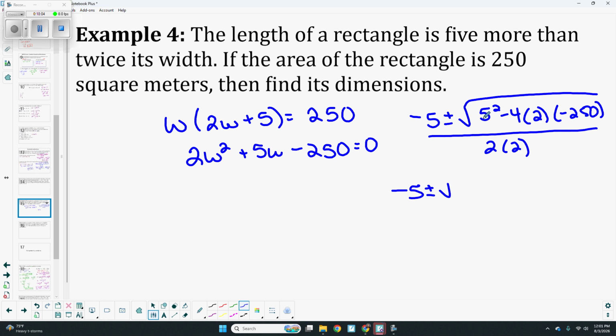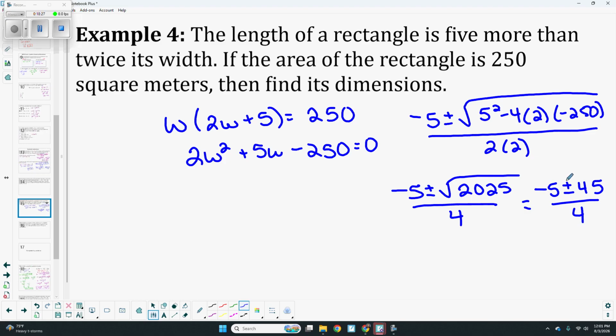So this is going to be negative 5 plus or minus the square root of 25 plus 2,000, so 2,025. The square root of 2,025 is actually, that's a perfect square, 45. So negative 5 minus 45 is going to give me a negative over a positive, so that's not going to work, so I'm going to focus on the positive.